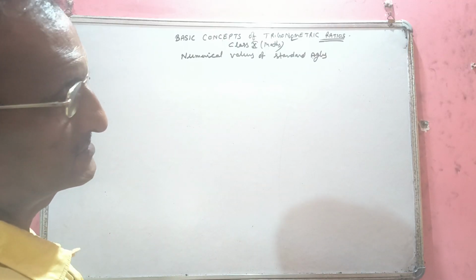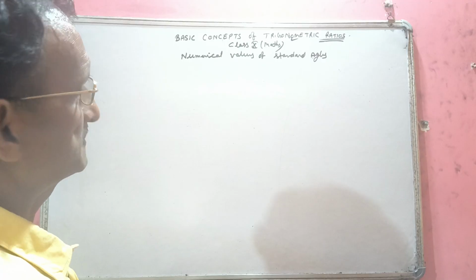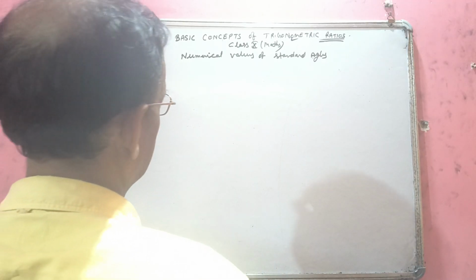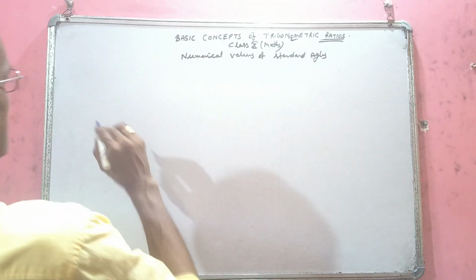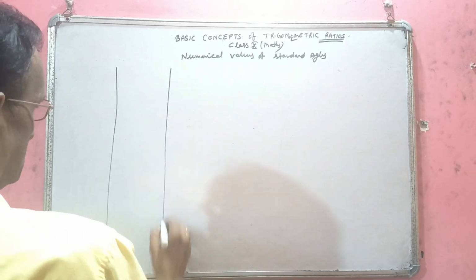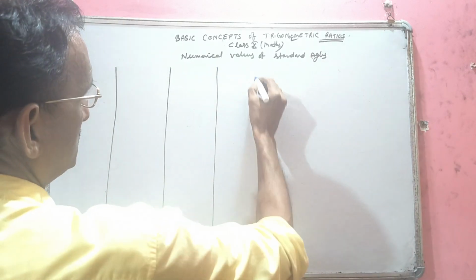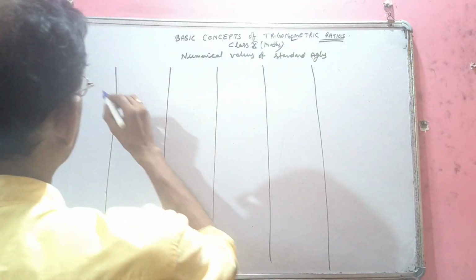The trigonometric ratios of angles have different values. You have trigonometric ratio table, but some standard angles you should know orally. So let me explain you the process. Shortcut method, how we will remember the numerical values of certain standard angles.